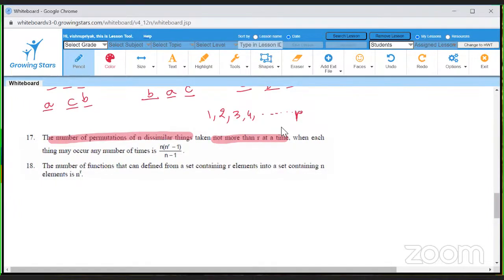I can't take more than r. So when such things happen, I am counting all: permutations by taking only 1 thing, arrangements by taking only 2 things, arrangements by taking 3 things.